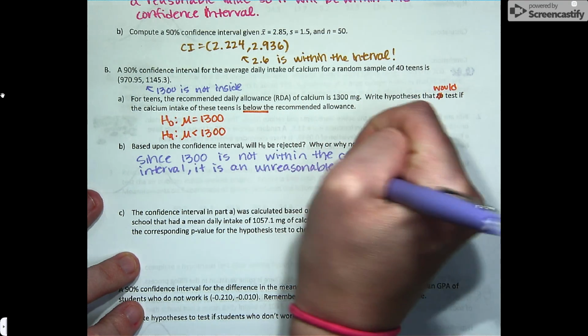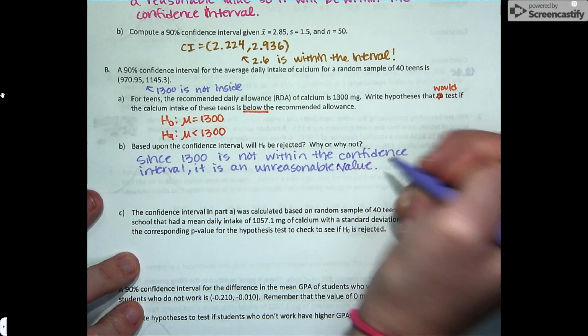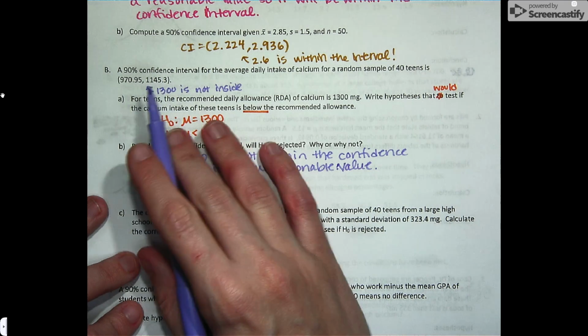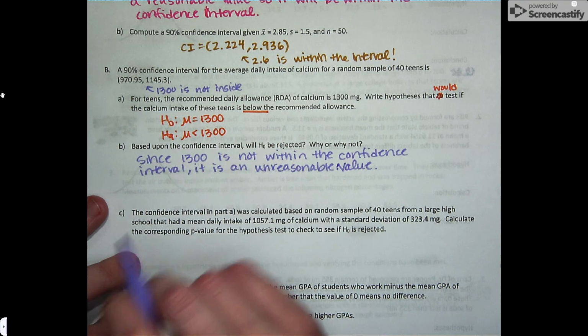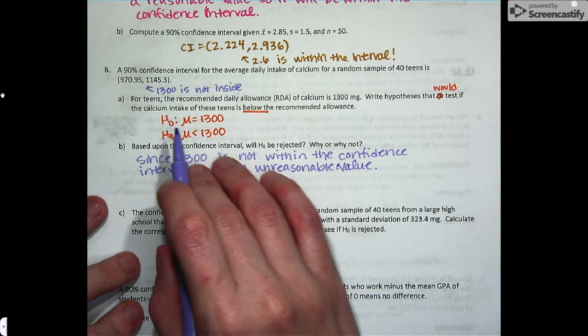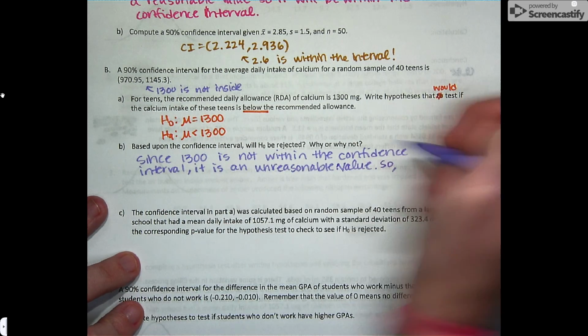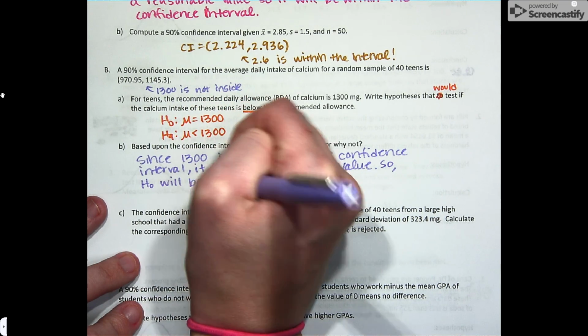Remember, a confidence interval is telling you what is reasonable or plausible for that problem. So since 1,300 is not within that, we cannot say that's a reasonable or plausible value for this problem. So it's not reasonable or plausible, which means the null will be rejected. So H0 will be rejected.